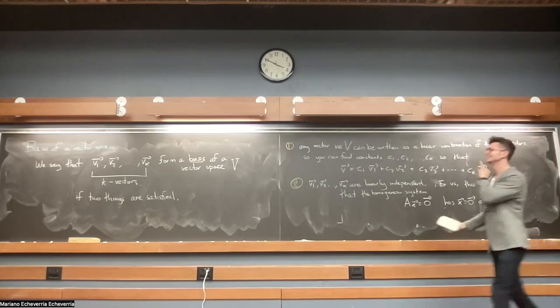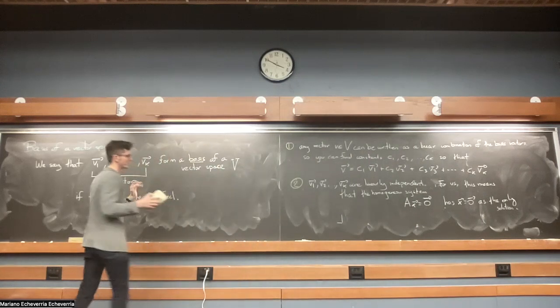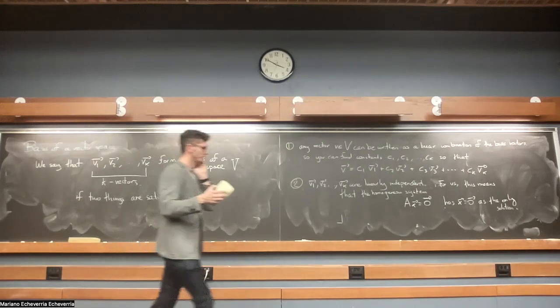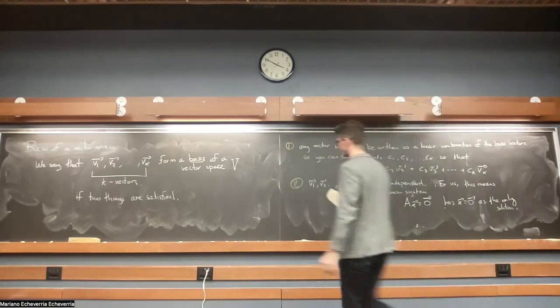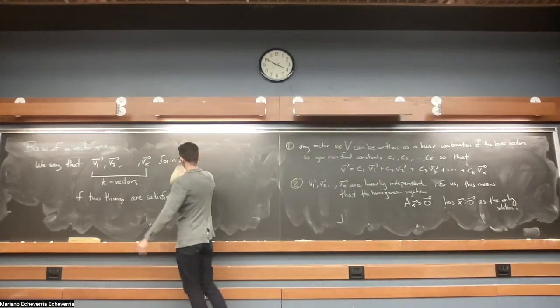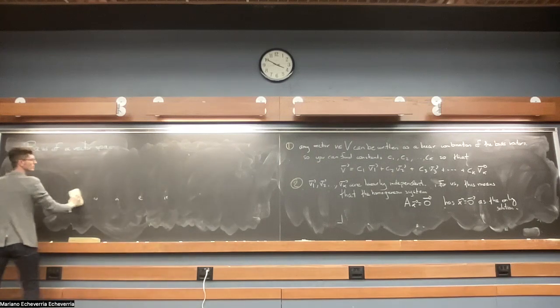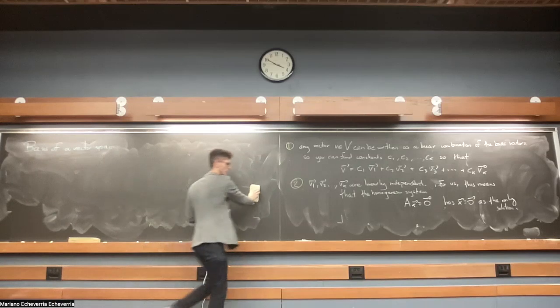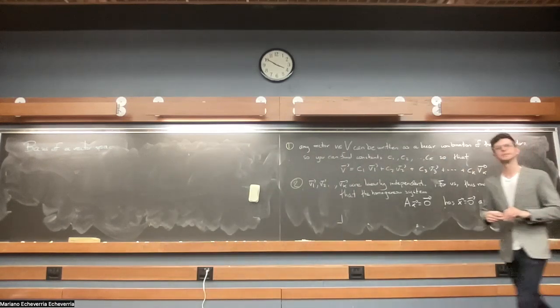So again, this is one of the most abstract parts of the whole course. So let me give you some examples so that you see what I mean by this. And this is in practice how you do this.